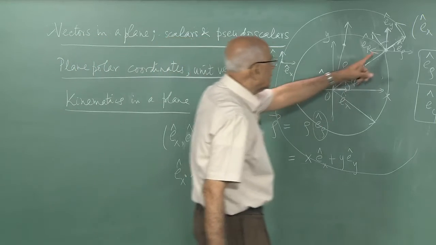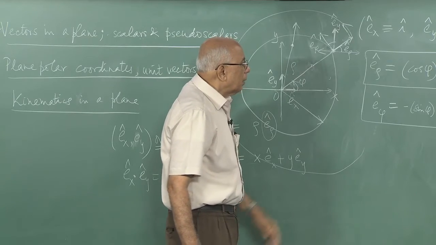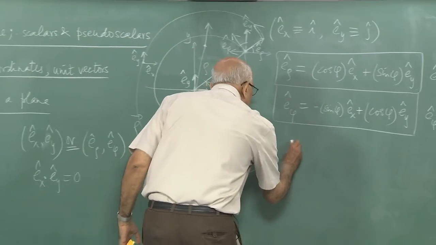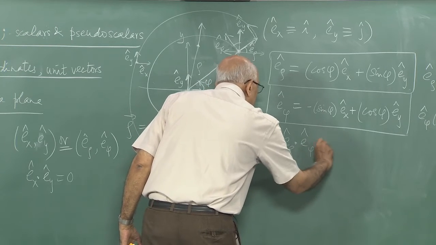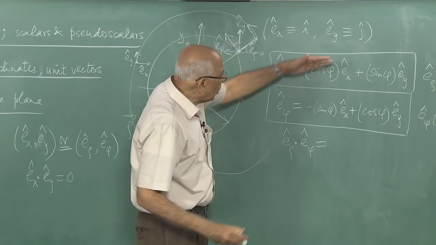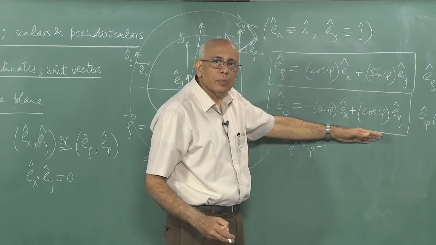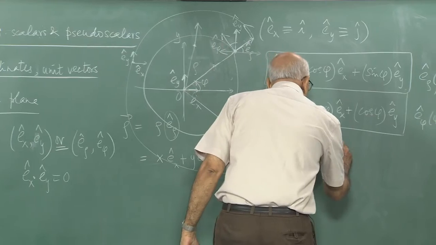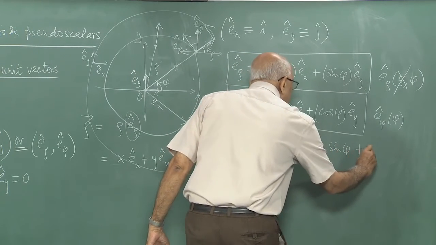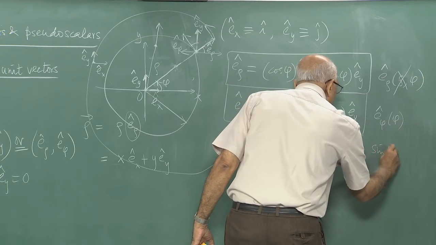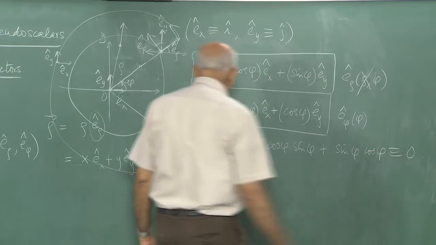Similarly, this construction shows that E rho and E phi are perpendicular to each other, but it is a simple matter to verify that E rho dot E phi is the x component times the x component plus the y component times the y component, and therefore this is equal to minus cos phi sin phi plus sin phi cos phi, which is identically equal to 0.